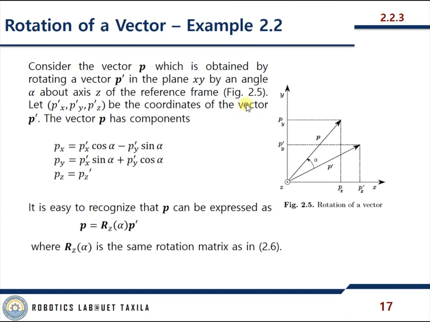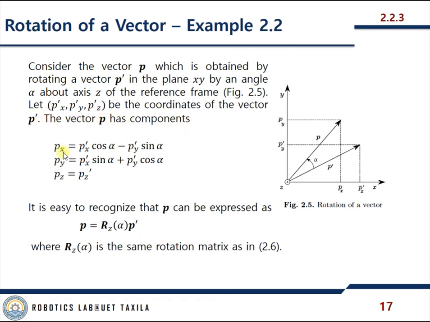Now, rotation of a vector. Consider the vector p, which is obtained by rotating vector p bar in the plane xy by an angle alpha about axis z. This vector p is obtained by rotating this vector from here to here. Let p x bar, p y bar, p z bar be the coordinates of the vector p bar.